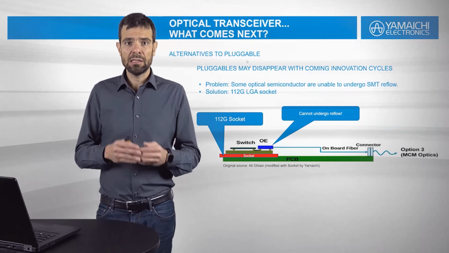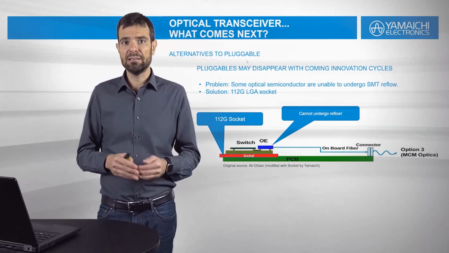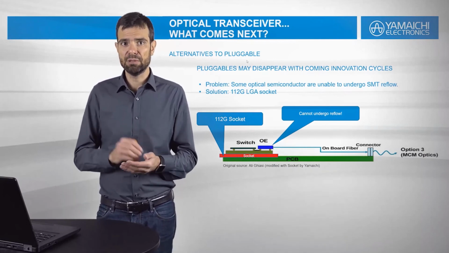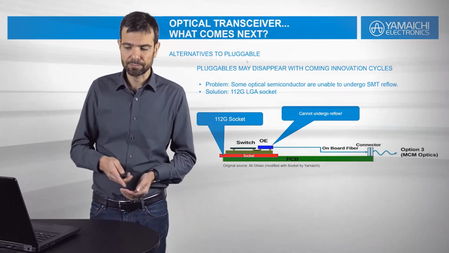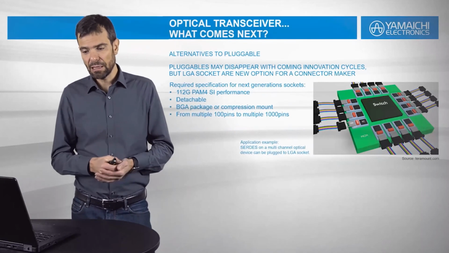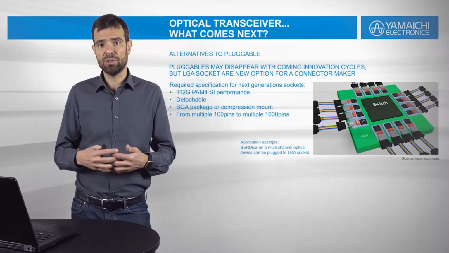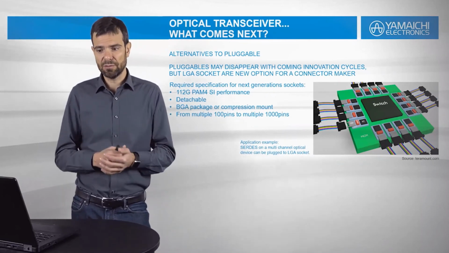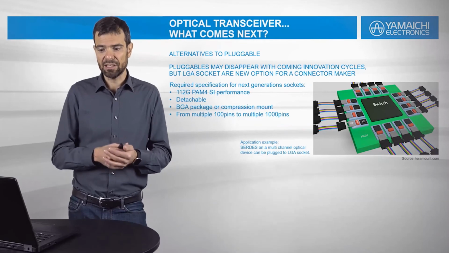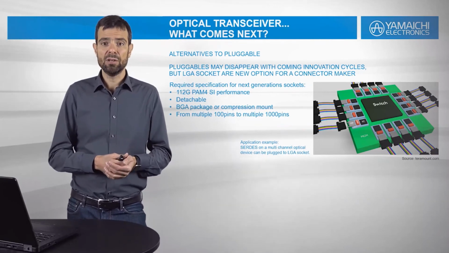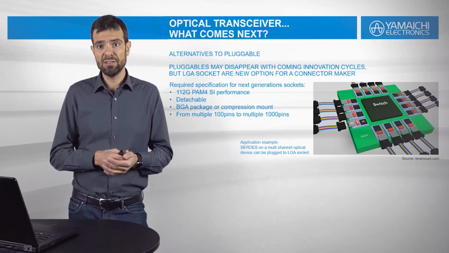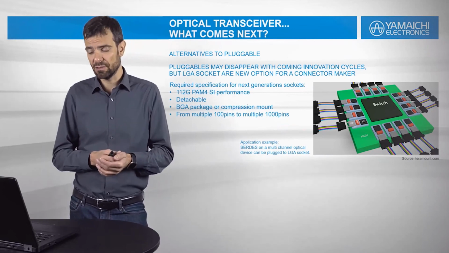A socket can go through the reflow process and then the heat-sensitive device is plugged onto that socket on a later assembly stage. The required specification for such sockets would be, of course, 112G compatibility, detachable, solder or compression mount, and from a multiple of 100 pins to a multiple of 1,000 pins.